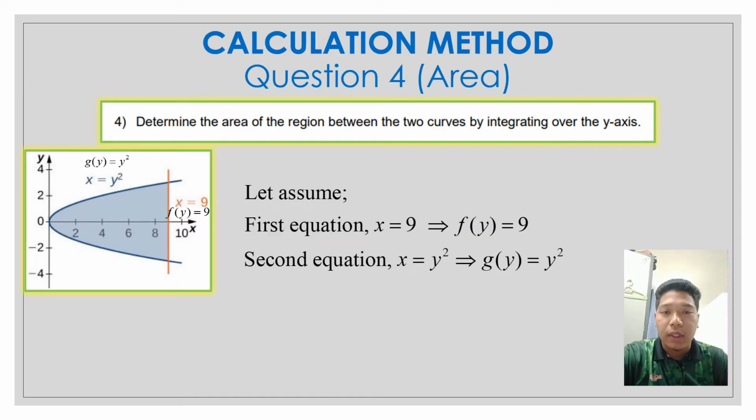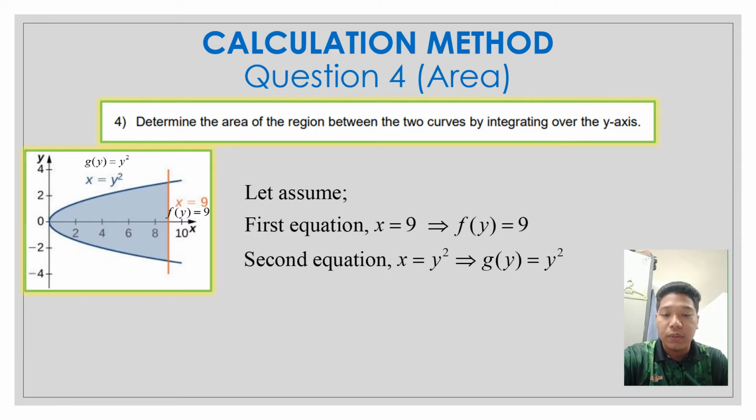Thank you to my group partner, Tahyuddin, for the presentation. Next, we continue with the calculation method for the area question. The question is to determine the area of the region between the two curves by integrating over the y-axis. As you can see in the slide, we have the graph diagram, and from it we can get the two equations.